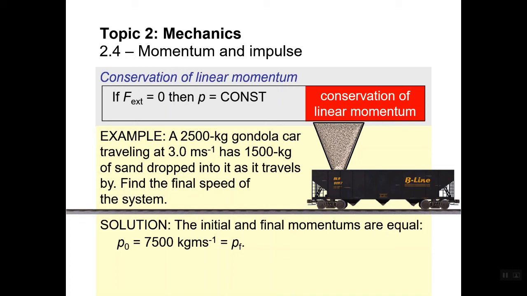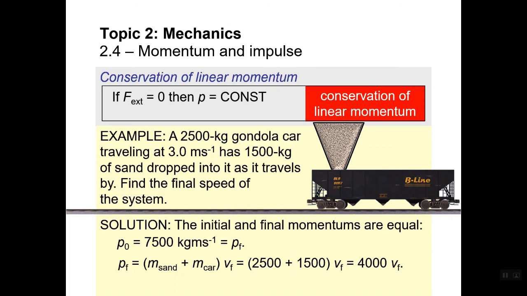And the final momentum, as we know, the sand drops onto the gondola car. So the total mass is going to be the mass of the gondola car plus the mass of the sand, and they travel with the same velocity.